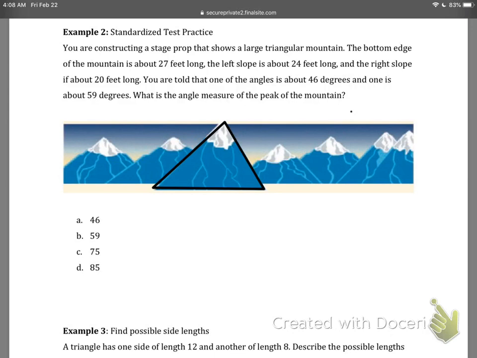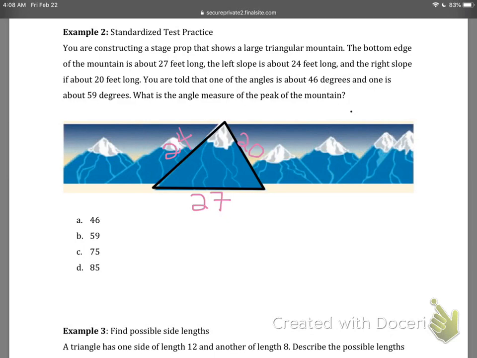The bottom edge of the mountain is about 27 feet long. The left slope is about 24, so here is our left slope. And the right slope is about 20. So we have all the sides of a triangle.